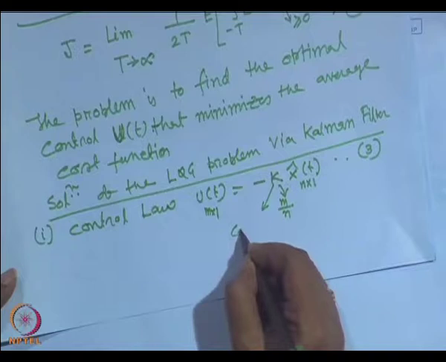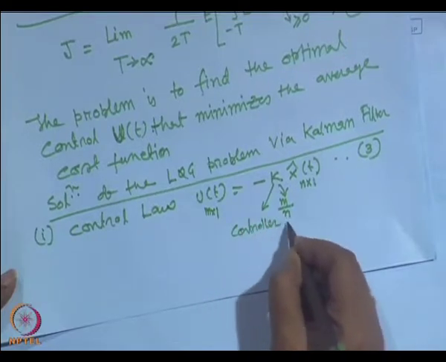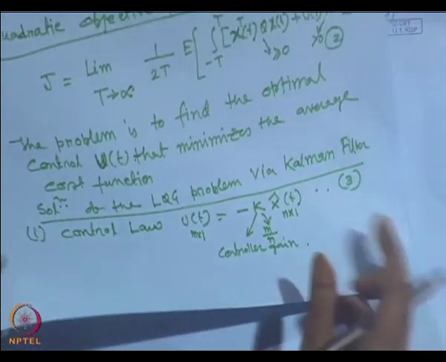Here K is the controller gain, and the controller gain is designed the same as in the LQR problem, and we will prove here that the Kalman filter estimator design and the controller design can be done separately or independently, because the separation theorem is valid.